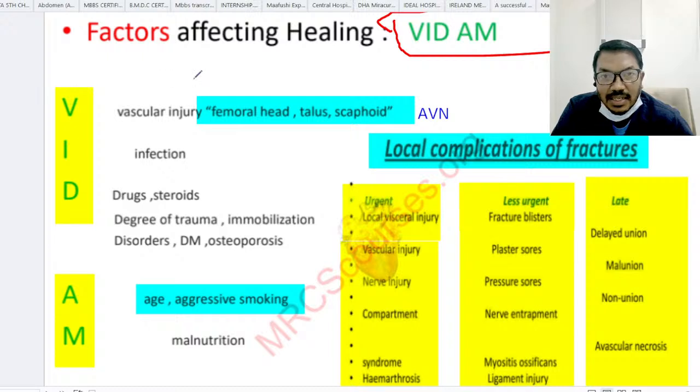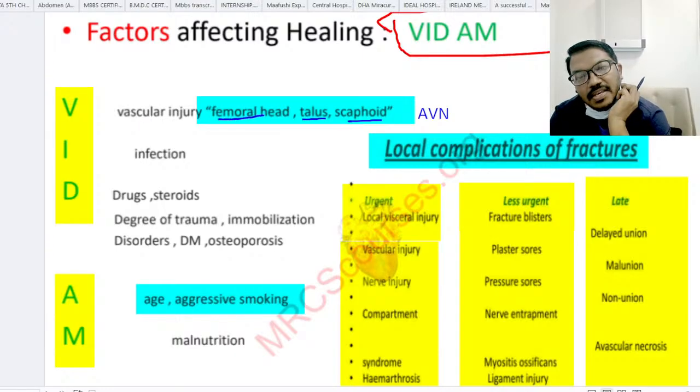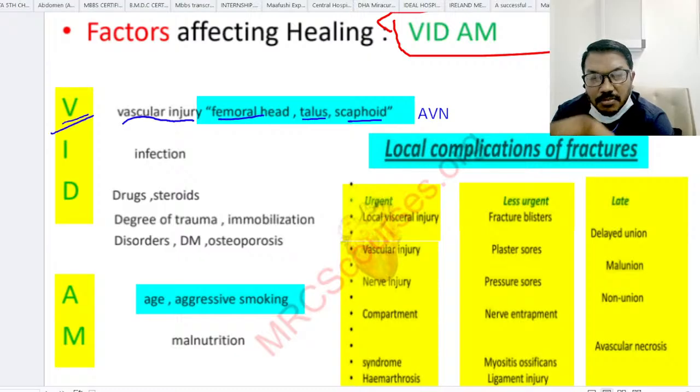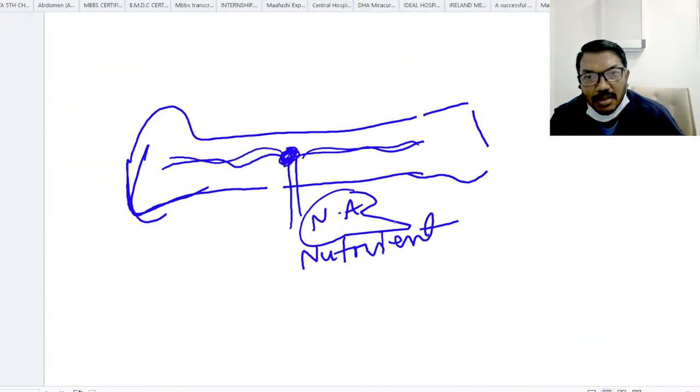Factors affecting healing. Local factors first. Factor V for vascular injury: femoral head, talus, and scaphoid, AVN. If there is any vascular injury, this is the major factor for bone healing, because first we have seen hematoma formation.